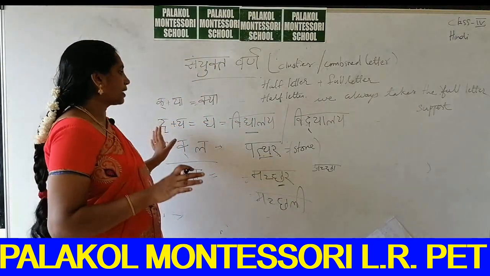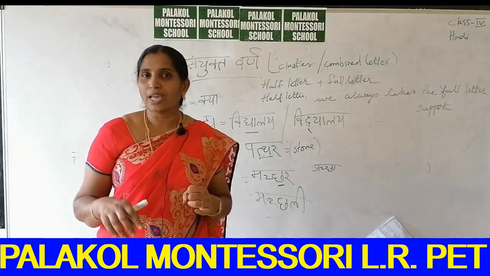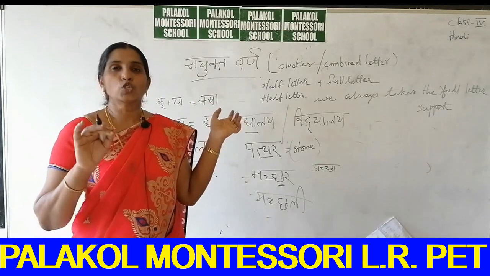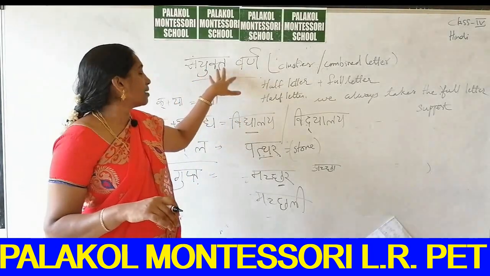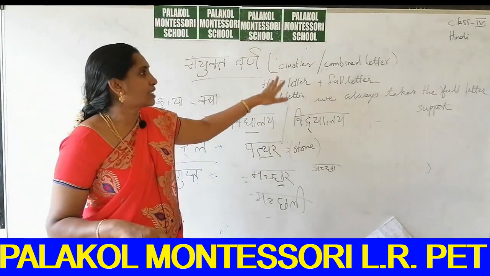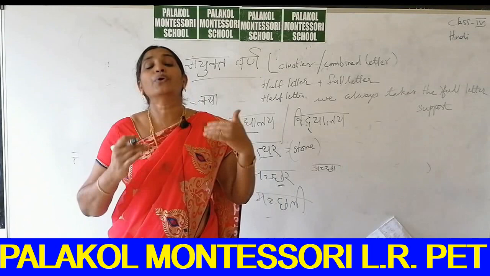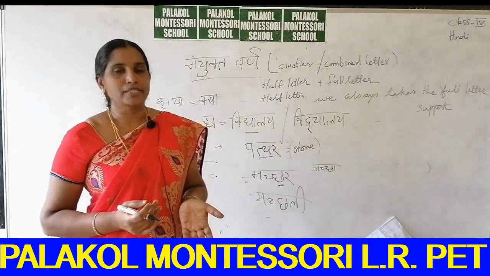Understand? So these are the words. Today I will tell you about dvitiya akshar, the dual consonants, as well as samyukta akshar or samyukta varna, meaning cluster or combined letter, and how to pronounce and read them for your good understanding.